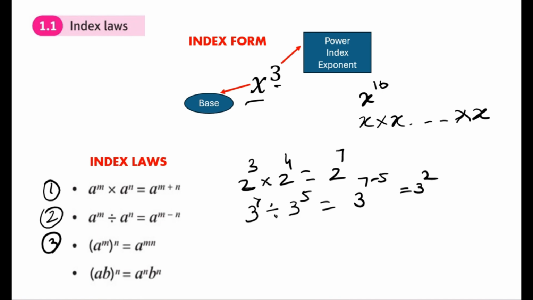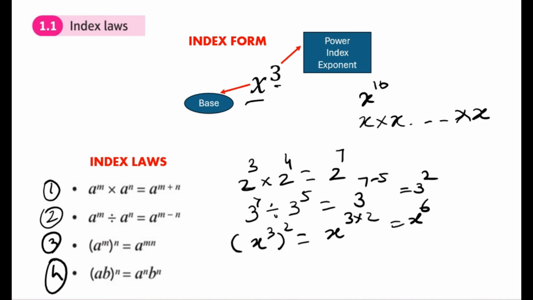Third law is the power of a power law. Raising a power to another power, multiply the exponents. If I have x power 3, all power 2, I have to multiply both exponents, which is 3 times 2, and that will give me x power 6. Fourth law is the common power rule.